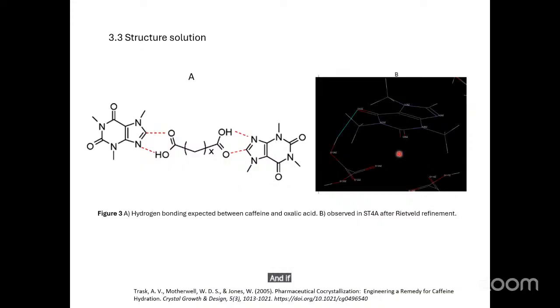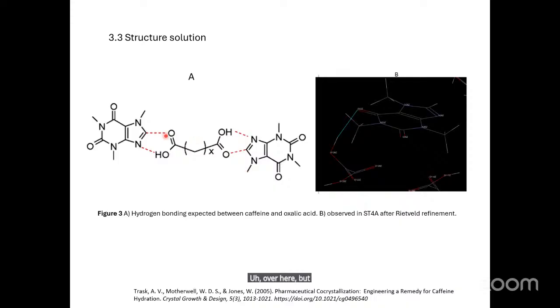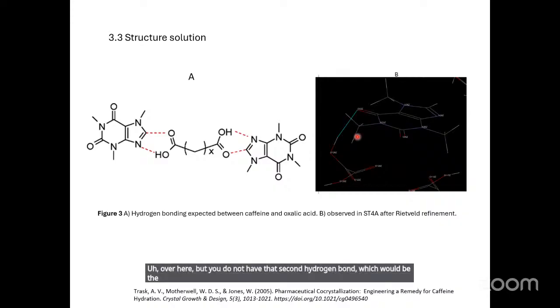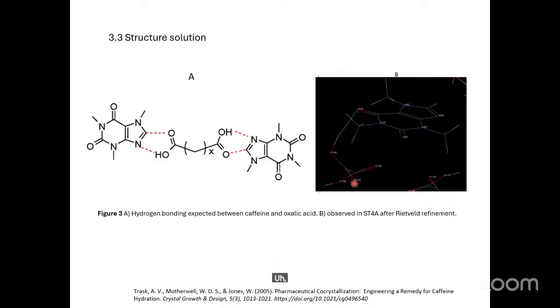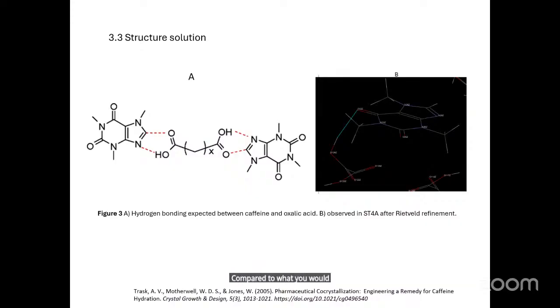If you observe the structure that we obtained, you do have this hydrogen bond over here, but you do not have that second hydrogen bond to that double bond there. So that is one of the things we observed: the hydrogen bonding we found was partial compared to what we would have expected.